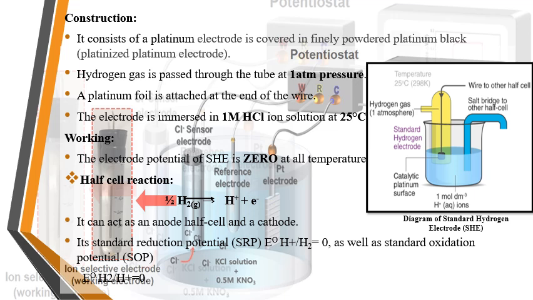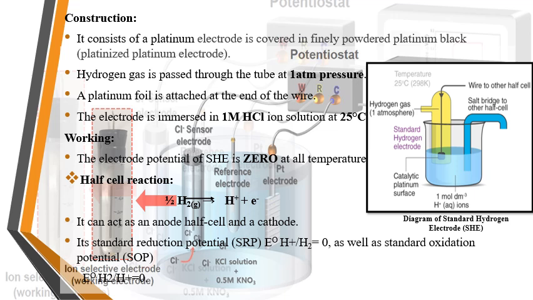The components are the platinum electrode. The platinum electrode is made up of platinum wire or foil, which is used as the base electrode. The platinum is chosen for its inertness and stability in electrochemical reactions.